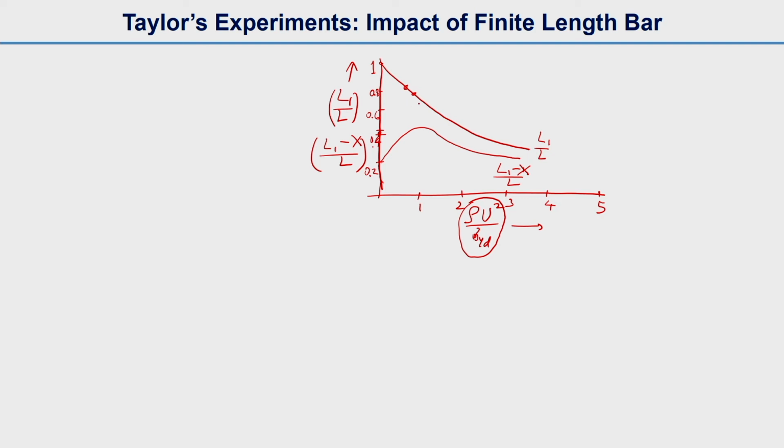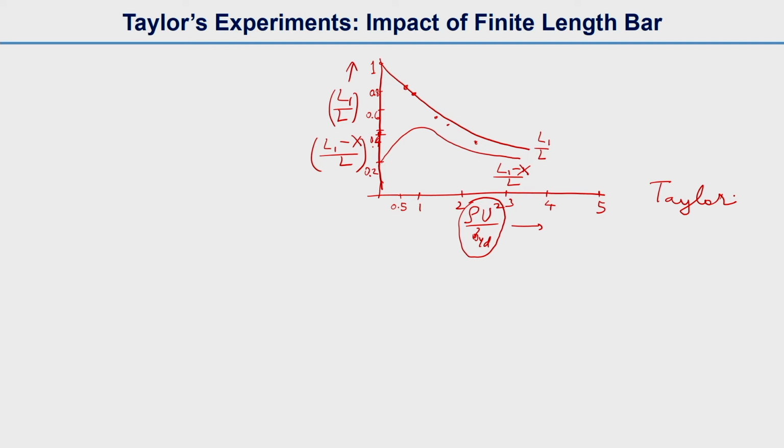The prediction is very good when rho U square by sigma yd is around 0.5, but if you go away, there is some deviation and the prediction is not so good. These are all from Taylor's original experiments and theoretical predictions.